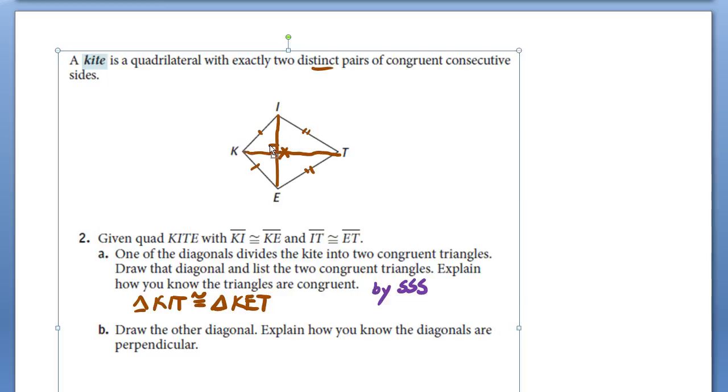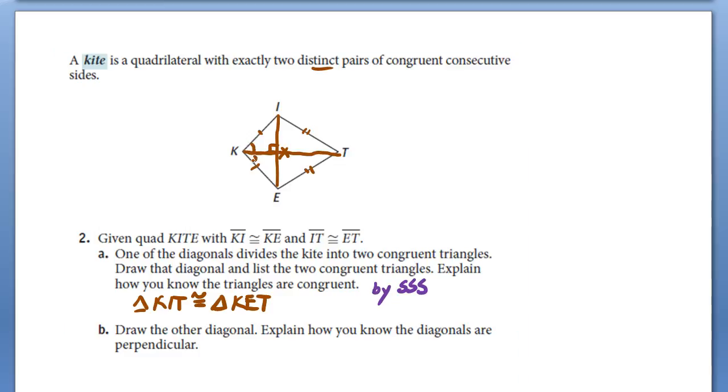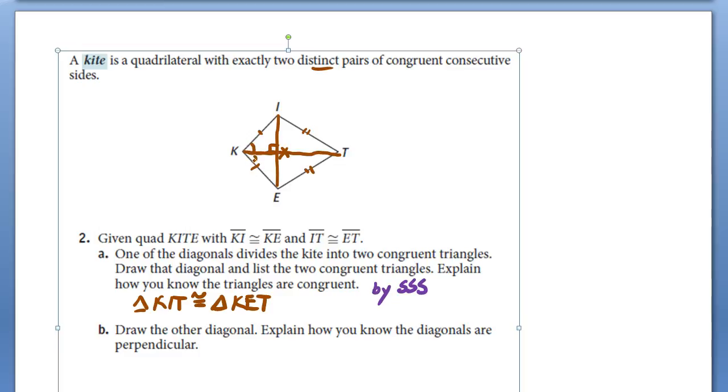How would we know that that's a 90-degree angle box? The explanation might go something like this. Because this diagonal created those original congruent triangles that we had indicated, we know that this angle was congruent to this angle because corresponding parts of congruent triangles are congruent.